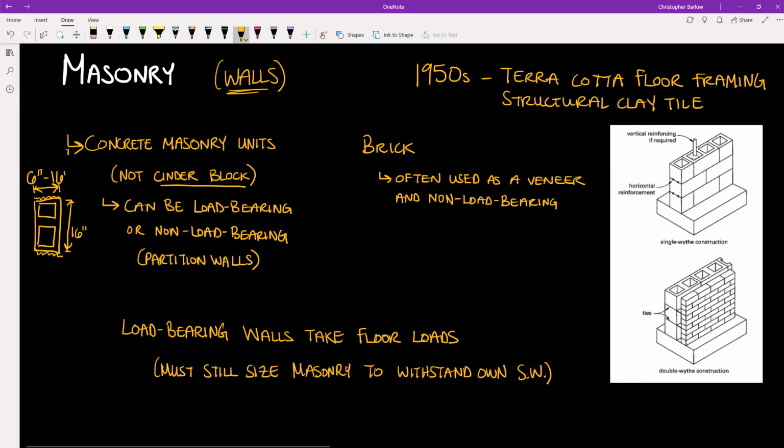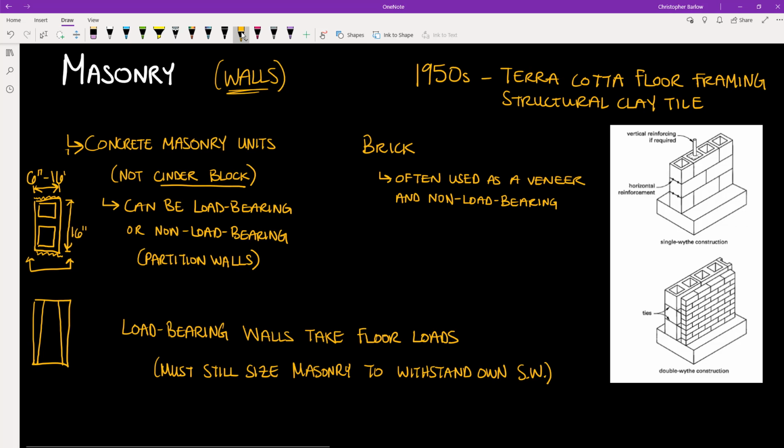Now it's important to note with masonry block that when you look at it from a side view, you will notice that one end of these side walls of the block will be wider than another end. And you might expect that the wider end of the wall would go on the bottom, but that's actually not the case.